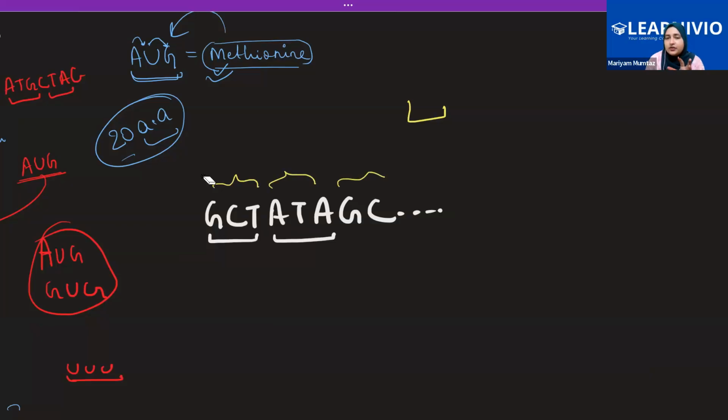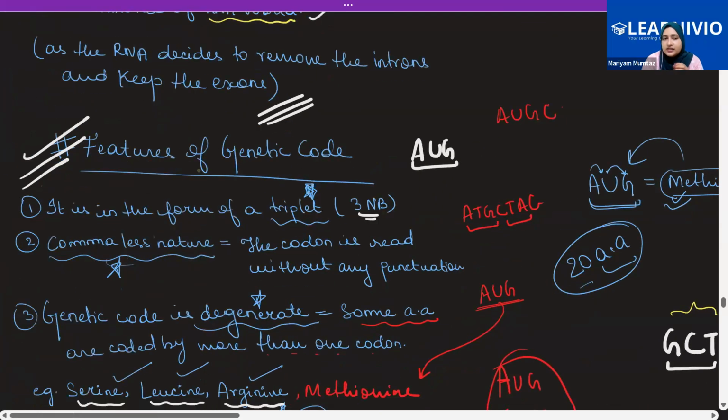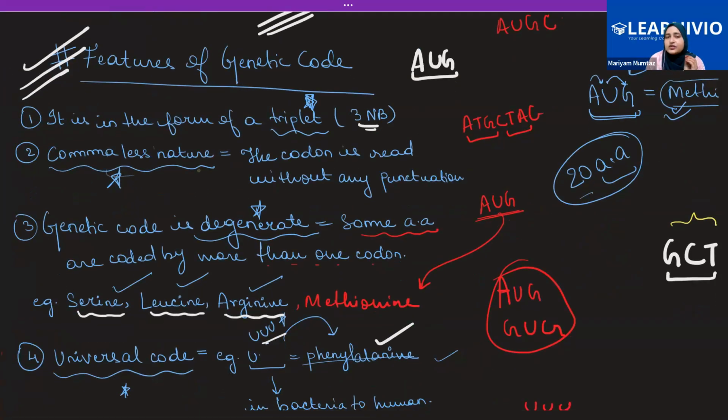First of all, the genetic code is always in the form of a triplet: three nitrogenous bases make one genetic code. The second feature is that it is comma-less, meaning you will read it without any punctuation. Like AUG will be read together, with no stoppage between A and U and G.